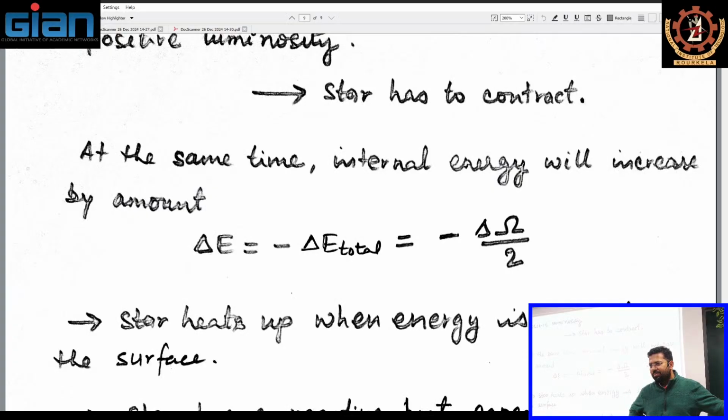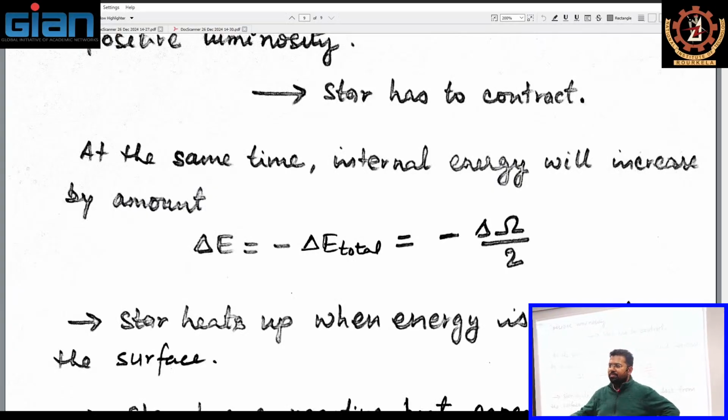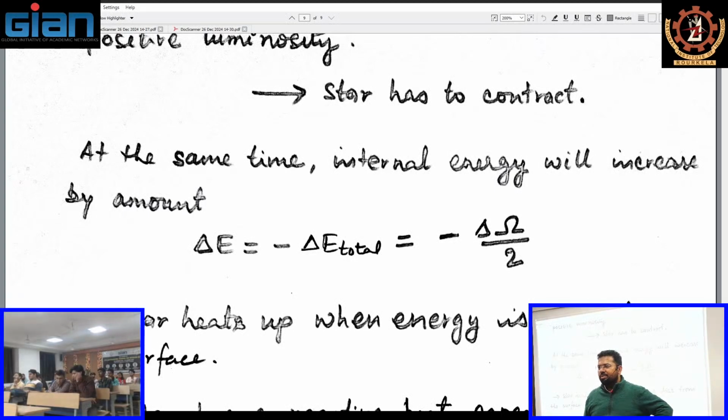Think about it. So what is the difference between an object with positive heat capacity and an object with negative heat capacity? What does that mean?